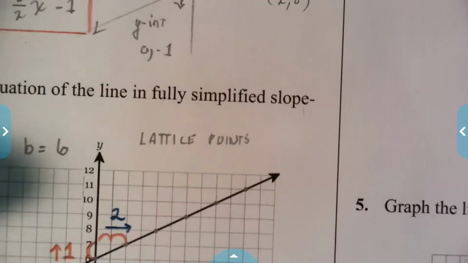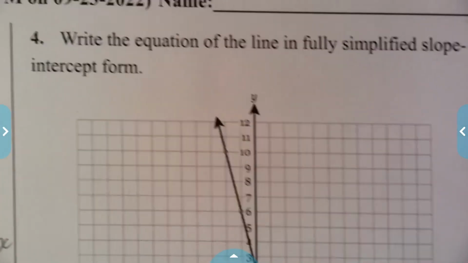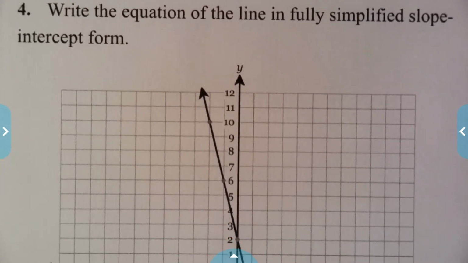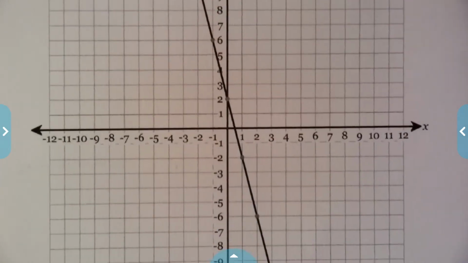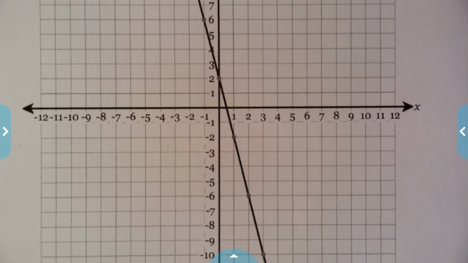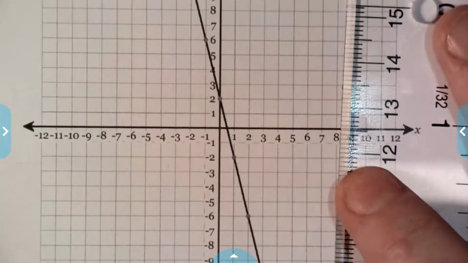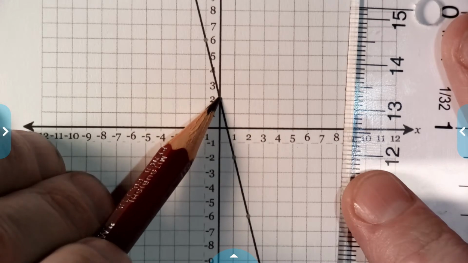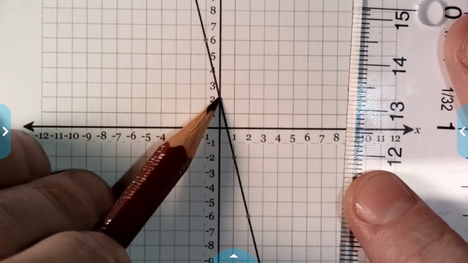All right. We are now moving on to number 4. And same type of question, write the equation of the line. And the way we're going to get the answer is in a very similar manner. So again, I see that the y-intercept is at a lattice point, which is good, 0, 2.